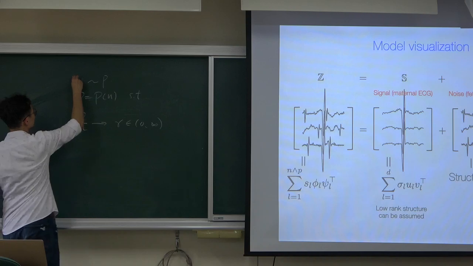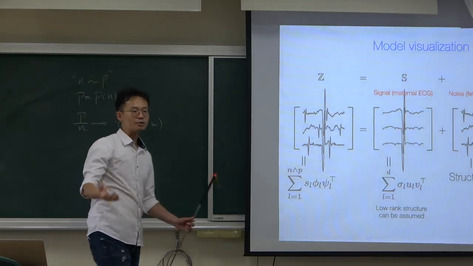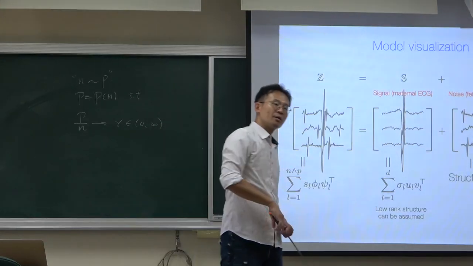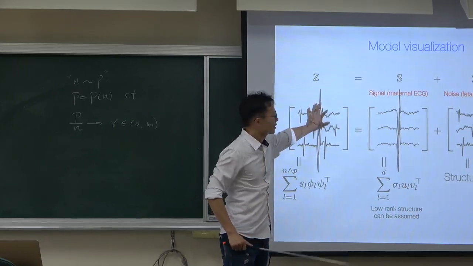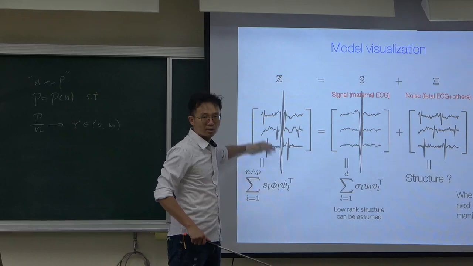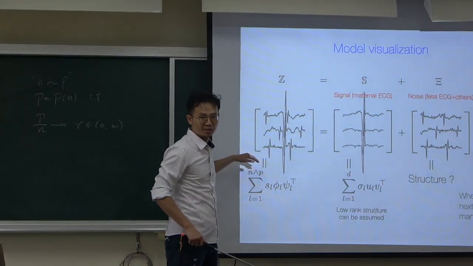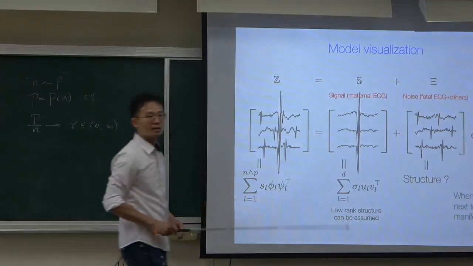That is the meaning of N proportional to P. That means the dimension of the data of each cardiac cycle will grow as the number of cycles increases. And the relationship is linear.